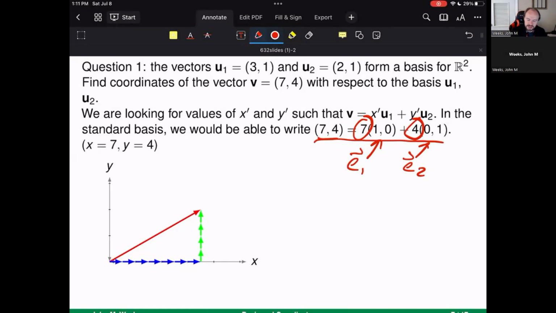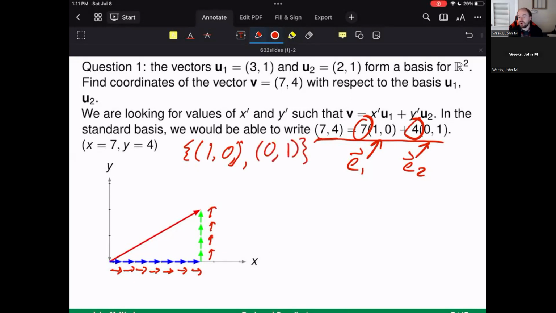So that's where this sort of thing comes from. You can see that we are working with 7 vectors in the x direction, because that is the first element in the standard basis set, which is 1, 0. And then we have 4 vectors going up in the direction of the second basis element, which is 0, 1.